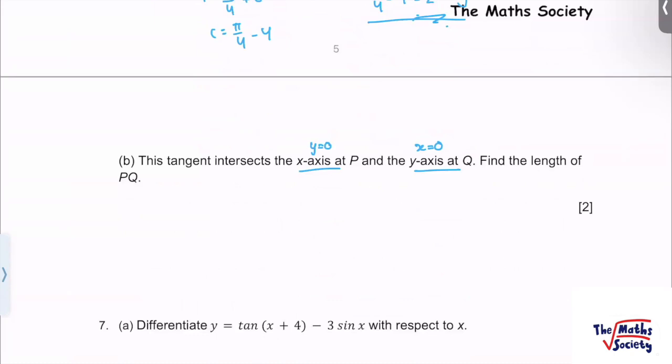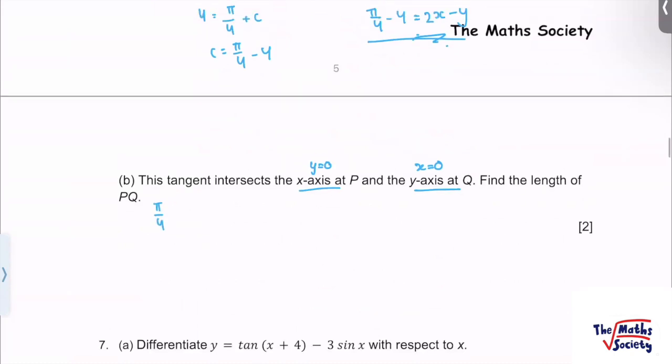And then we'll move on to here, which is pi by 4 minus 4 equals 2x minus y, right? So when y is 0, 2x is pi by 4 minus 4, so x is just equal to pi by 8 minus 2. So P is going to be pi by 8 minus 2, comma 0.